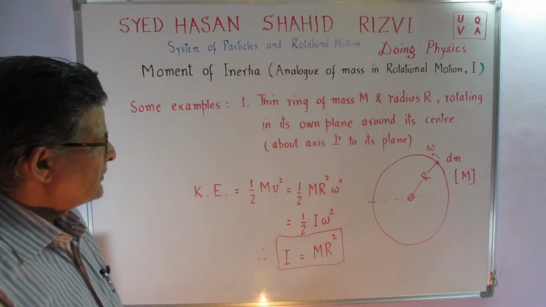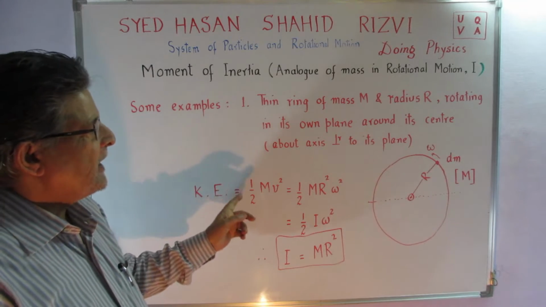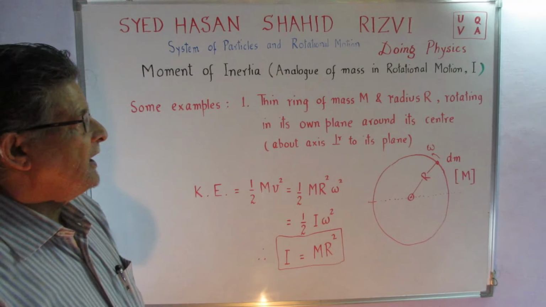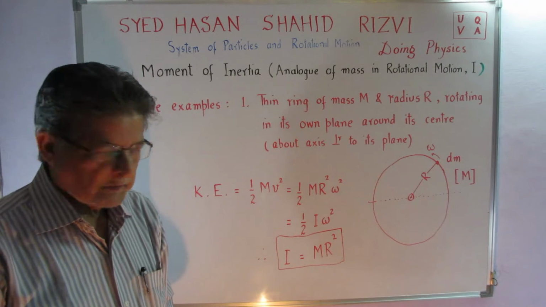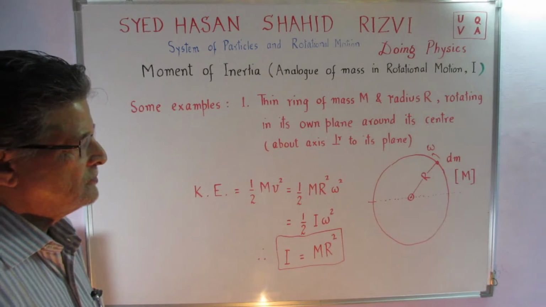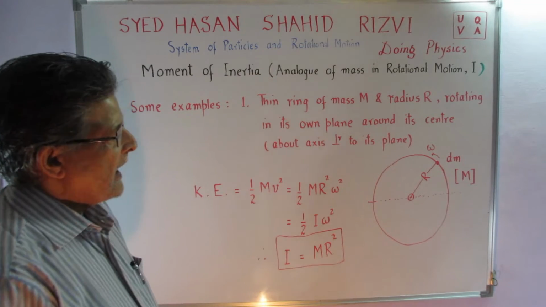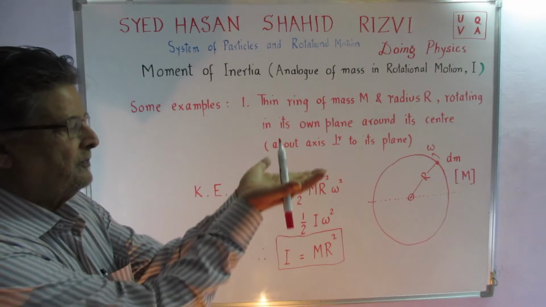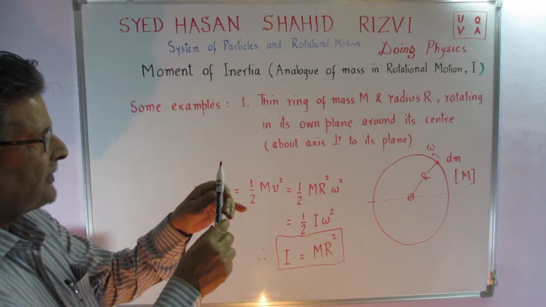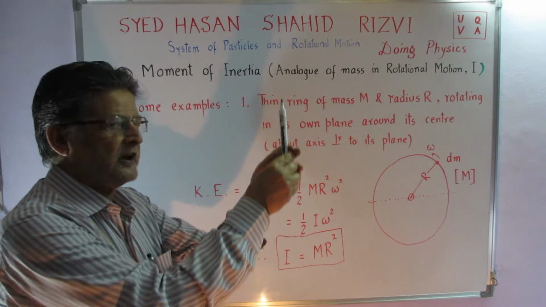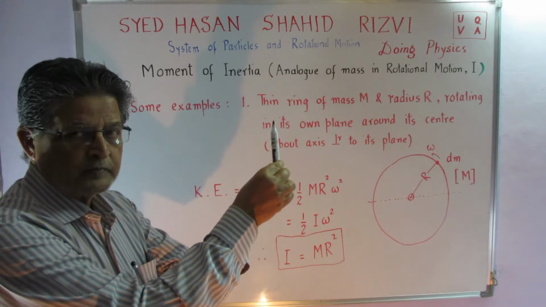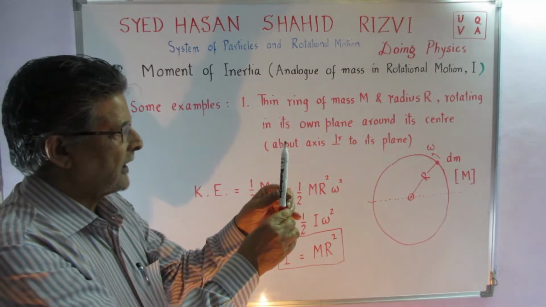Okay, so in the first case, I take a thin ring of mass m, where the mass is uniformly distributed all over the ring, and the radius is the same all over the ring, and it is rotating in its own plane about an axis which passes through its center, which incidentally also is the center of mass and center of gravity, whatever you want to call that.